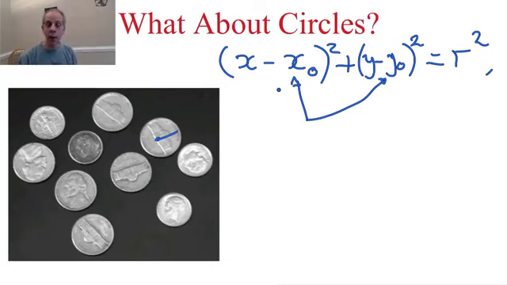Now, in the same way that we needed to find rho and theta for straight lines, we need to find the center and the radius for a circle. So we need 1, 2, 3 parameters. Now our accumulator won't be on the plane, it will be a 3-dimensional accumulator, but we are going to do exactly the same. We are going to have an edge detector, and every point is going to vote for circles.